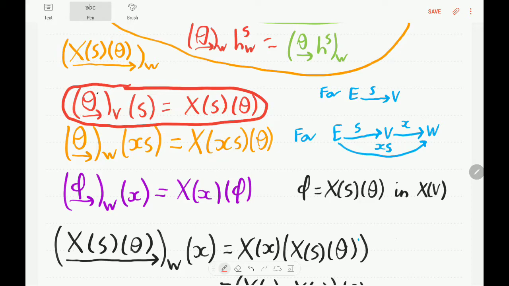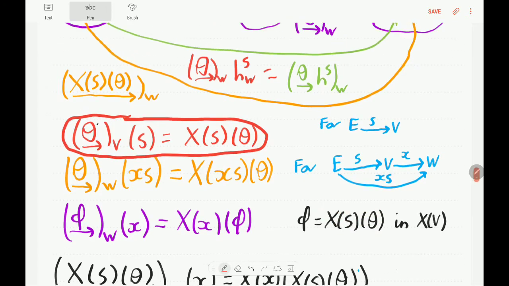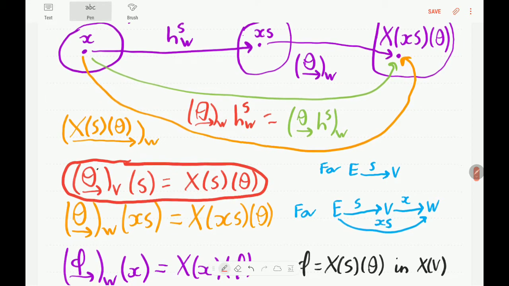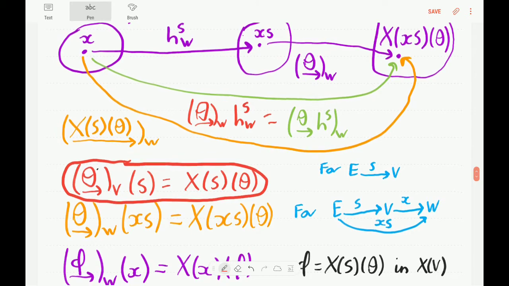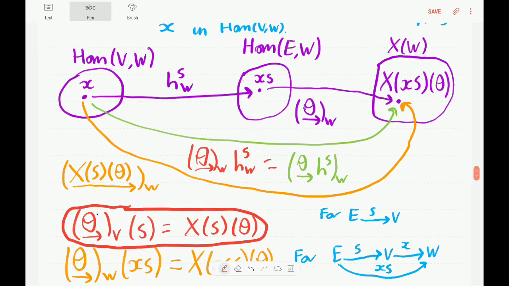So all we do now is apply this formula here when phi is equal to X of S of theta. And the reason we're doing this is because we want to work out what this orange arrow here does to x.